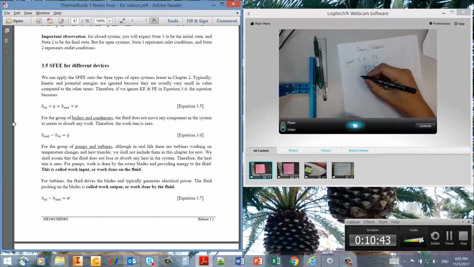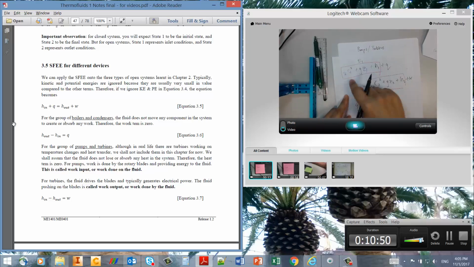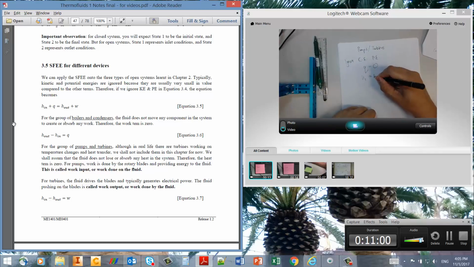Because of this, your original long equation gets this cancelled, this cancelled, this cancelled, this cancelled, and this cancelled. You're only left with H1 equals H2 plus the work done by the turbine.